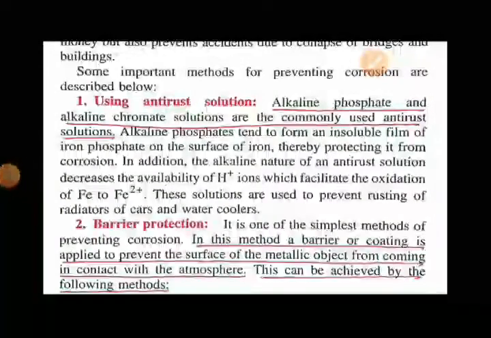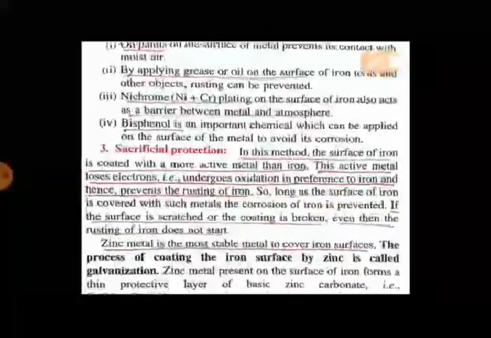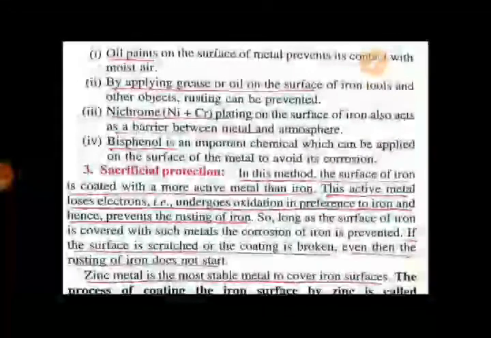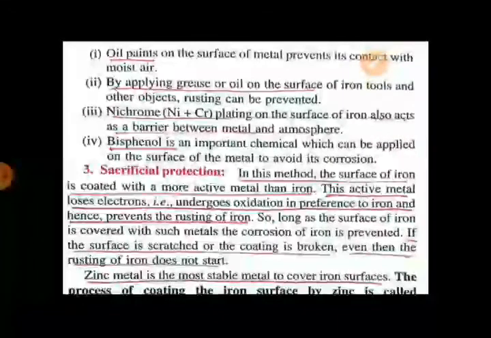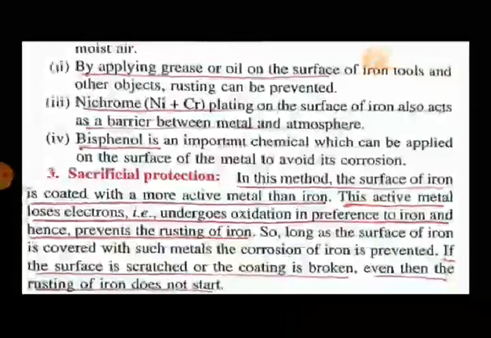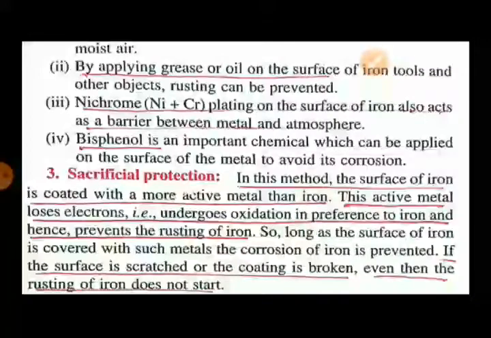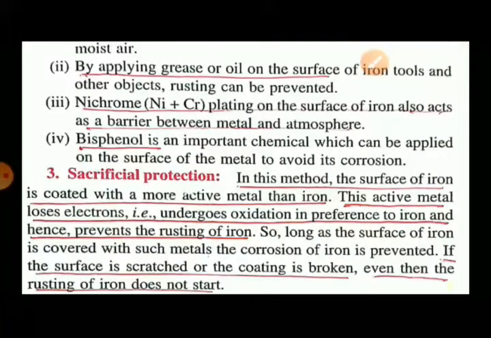Barrier protection may be achieved by oil paints on the surface of metal, which prevent its contact with moist air. By applying grease or oil on the surface of iron tools and other objects, rusting can be prevented.